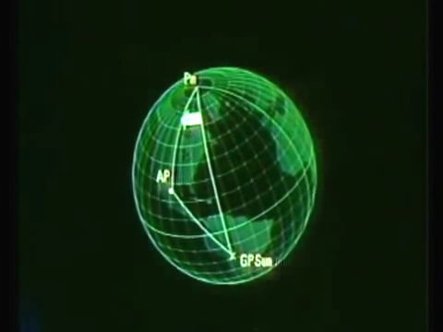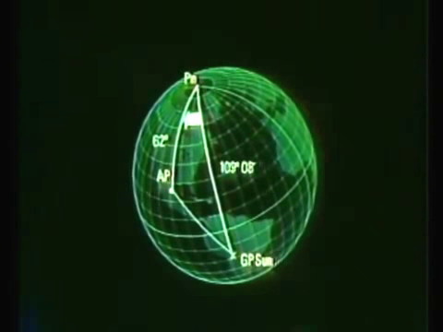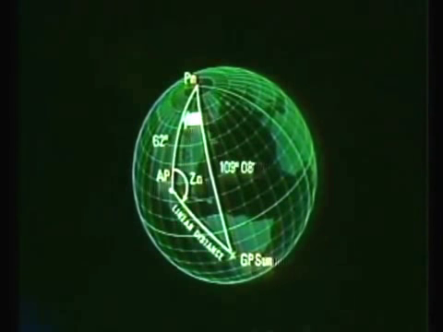And this is a known angle, 360 degrees minus your LHA, or 33 degrees. Now, with two sides and the included angle known, you can compute the linear distance side and the true azimuth angle, the elements you need to draw a line of position.